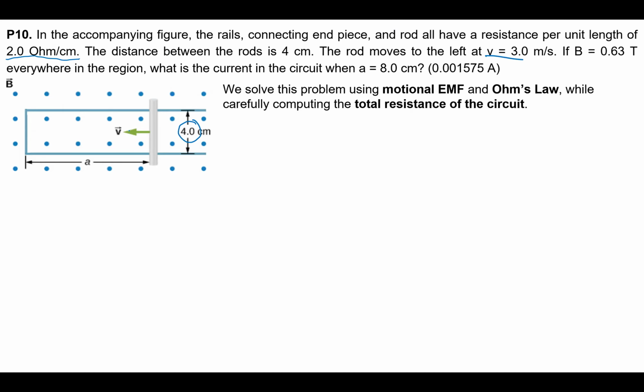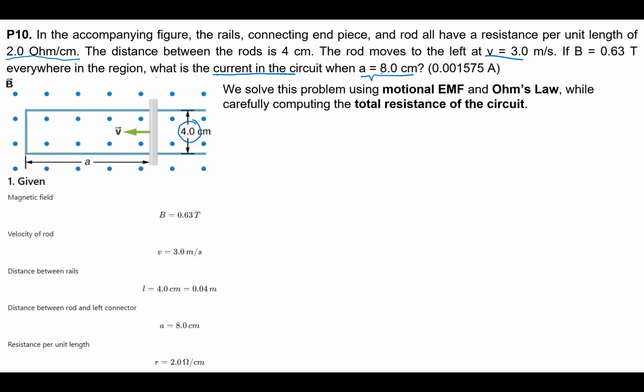And the magnetic field is uniform and constant. You are to find the current when a equals 8 centimeters. Okay. So what we have to think about is that the magnetic field is constant and uniform. It doesn't change with time.